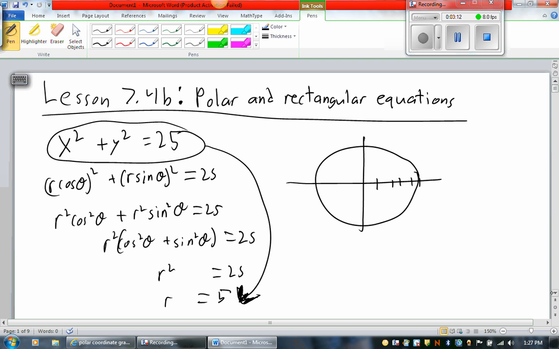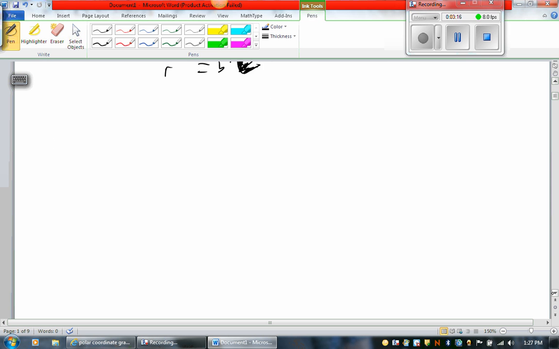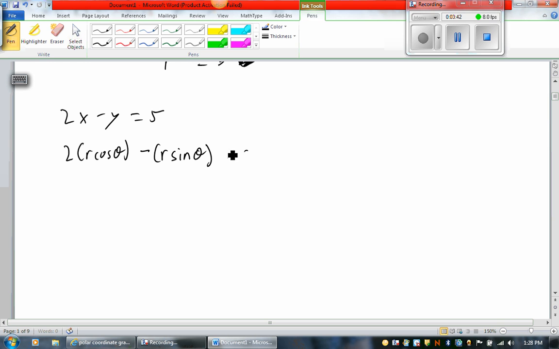Let's take a look at one more here. Let's say we had the rectangular equation 2x minus y equals 5. We want to convert this to polar. So I'm going to use my definitions. x is r cosine theta minus y, which is r sine theta, and that equals 5.